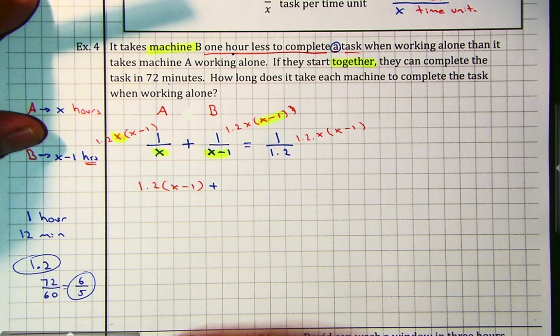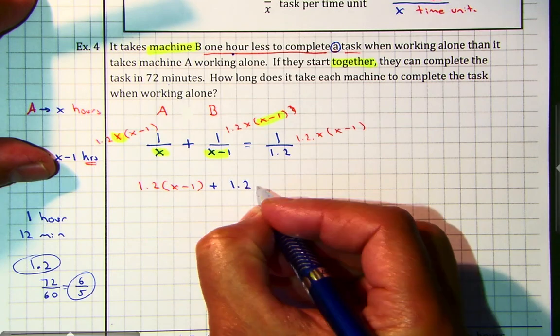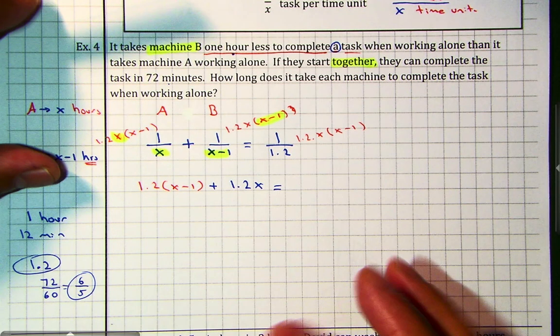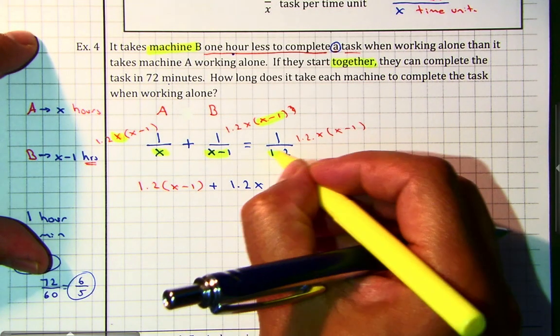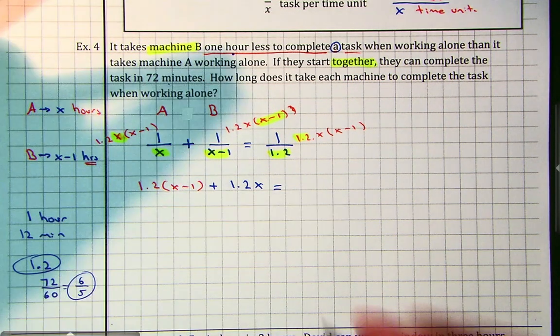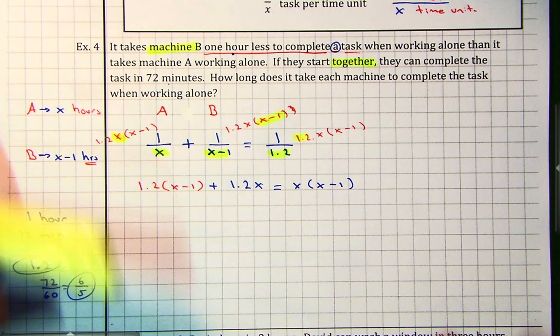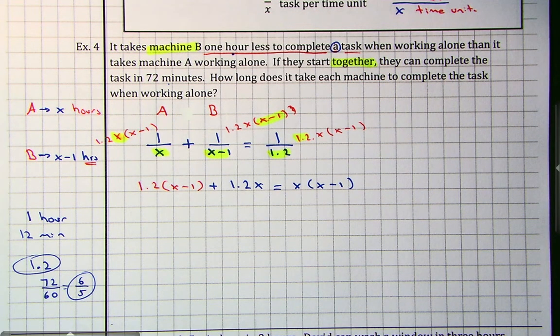So I have 1.2x times 1. And on the last one, my 1.2 cancels. So I just have x times x minus 1. So go and solve it, see what you get, and then we can compare our answers. Go and pause it, solve it.